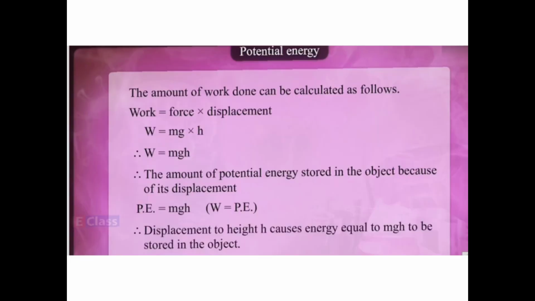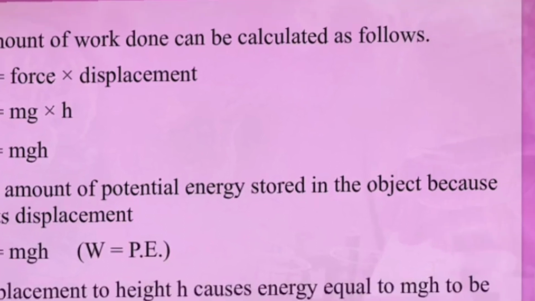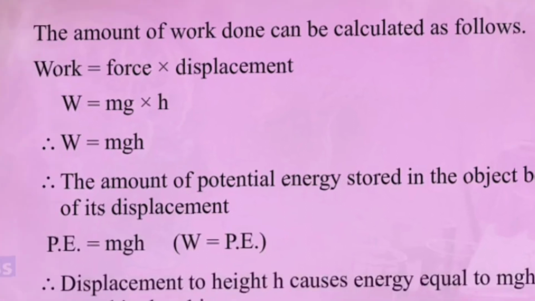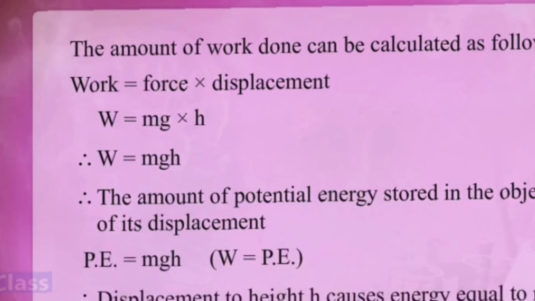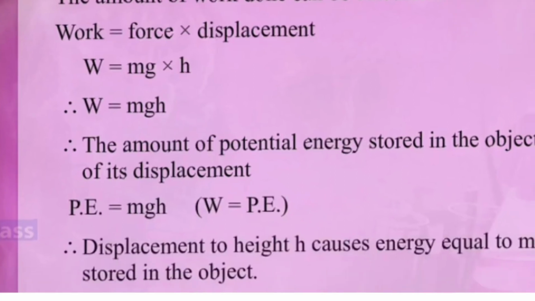So work done, W, is force into displacement, that is mg into h. So W is equal to mgh. Therefore, the amount of potential energy stored in the object because of its displacement will be mg into h. Force is mg and displacement is h. So mgh. This is nothing but the expression, the formula for the potential energy.